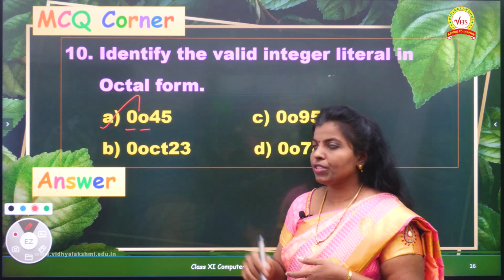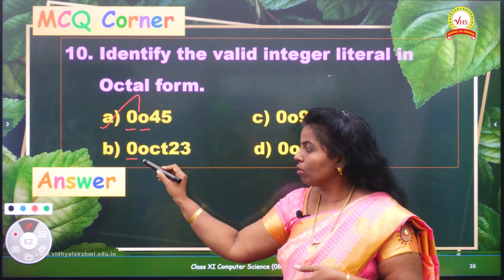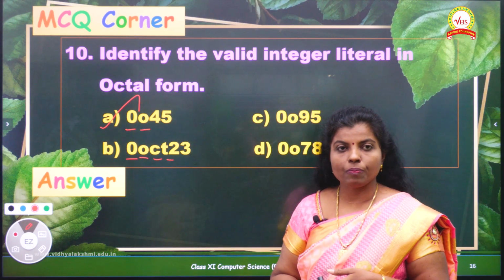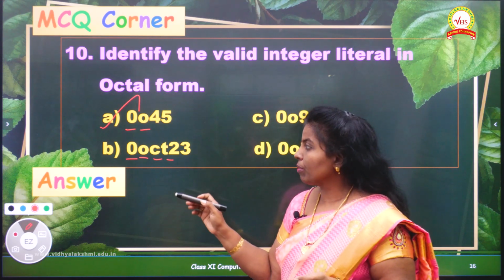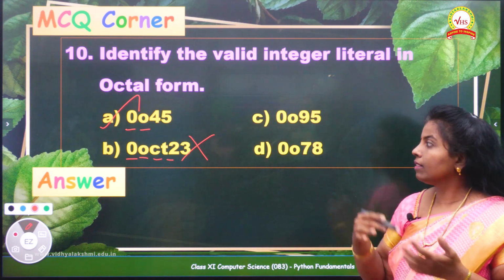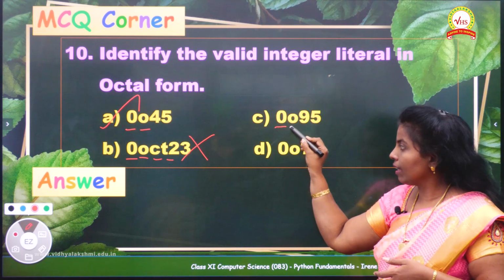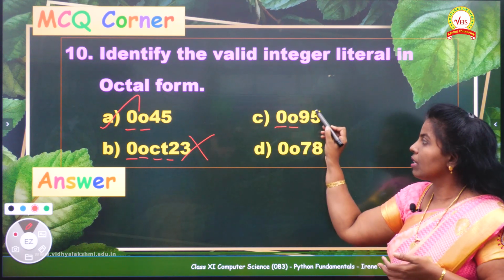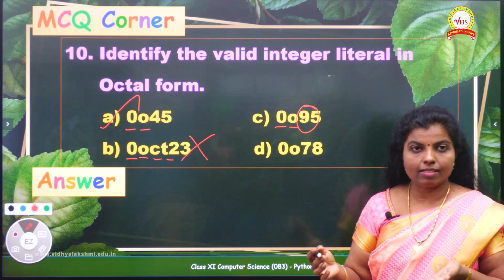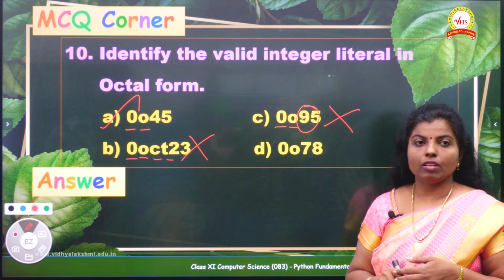If you see option B, it starts with the number 0 followed by the letter O followed by some other letters also. So, this is not going to be the valid integer literal in octal form. The next option starts with 0 followed by the letter O and followed by the number 9, which is not in the range of 0 to 7. So, this is going to be an invalid integer literal in octal form.